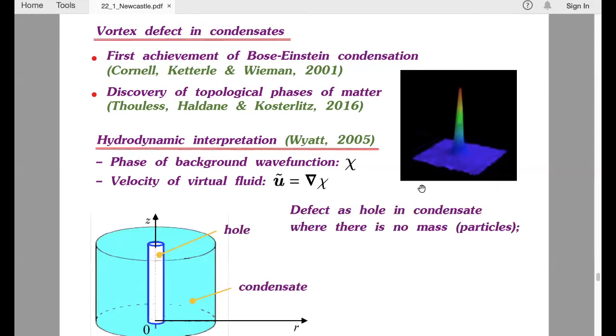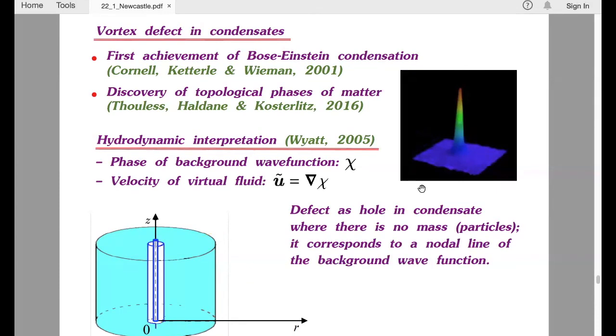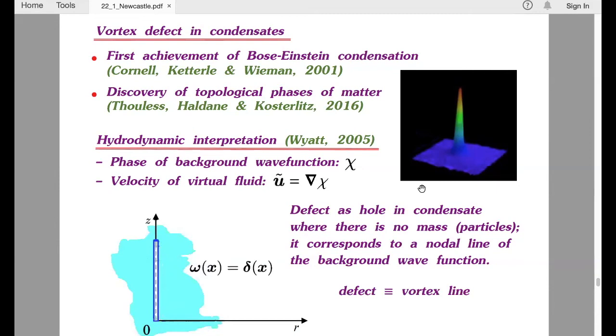Well, in this case, I said they may form defects. In other words, really holes in the condensates. And these defects have been seen. The defect is just, as I said, a hole in a condensate where there is no mass at all, no particles. So if this is a hole, we can think of it as a nodal line of the background wave function, and we can focus on this nodal line.